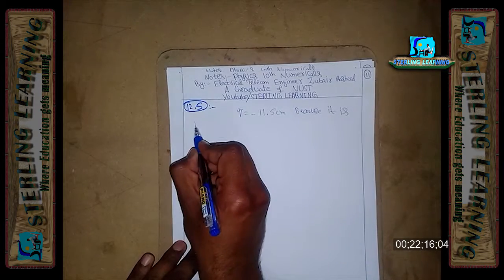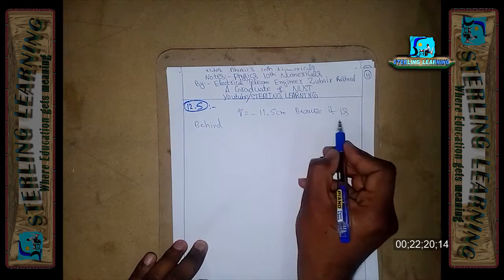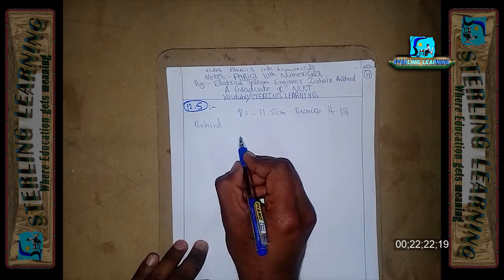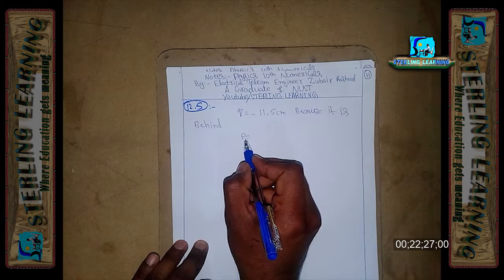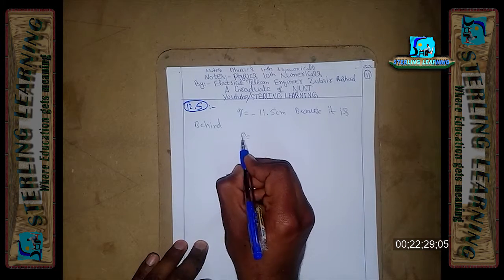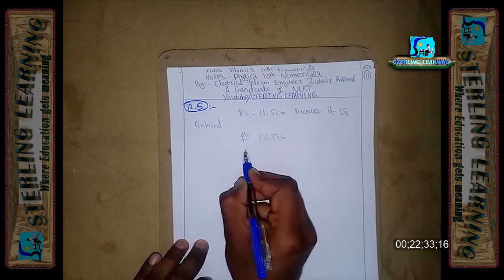it is behind, and P is unknown. F is also given as 13.5 centimeter.